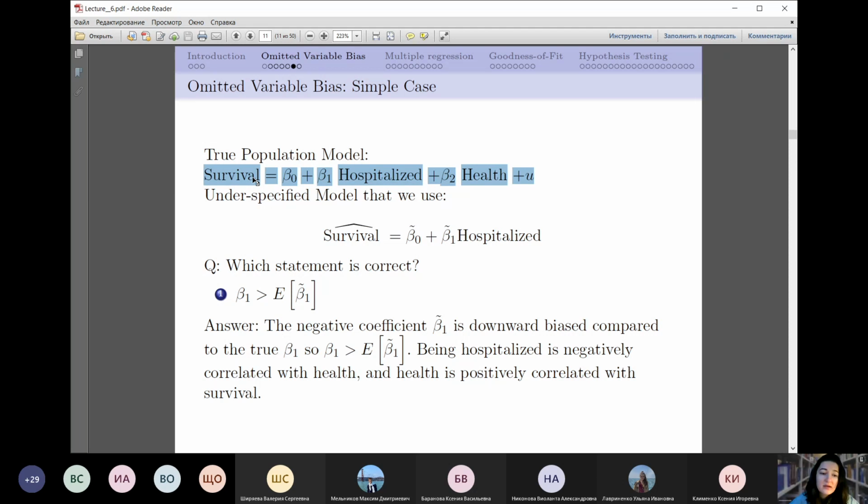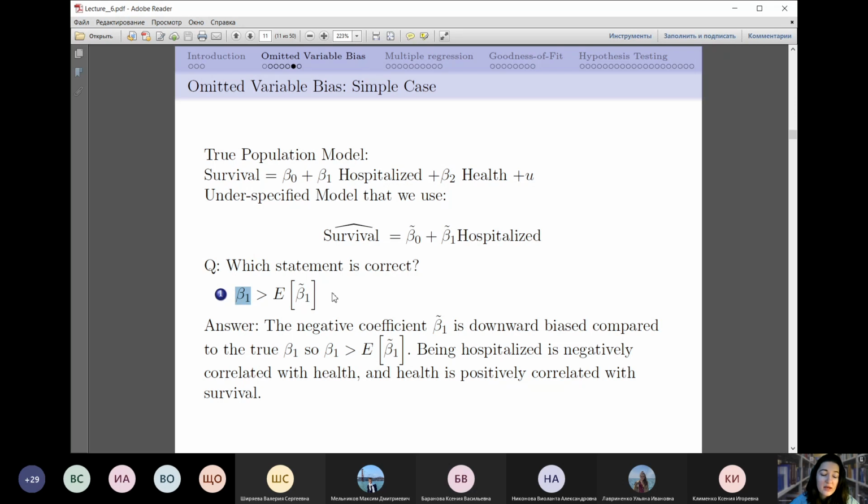And the second idea is that the average hospitalization cases is probably negatively correlated with health. So for beta 1 here, we have a negative bias. Or in other words, beta 1 has downward bias.